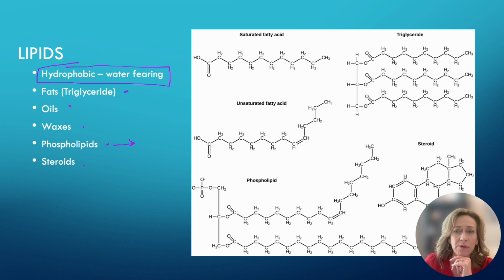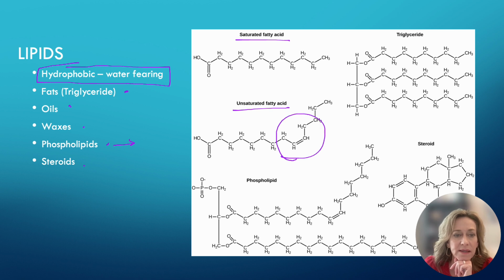Now, I mentioned to you that fats or triglycerides can be unsaturated or saturated based on the fatty acids. So up here is a saturated fatty acid, and here is an unsaturated fatty acid. So forget the length, how many carbons there are. What other difference do we see between those two?